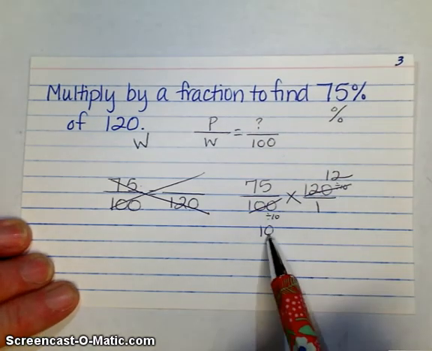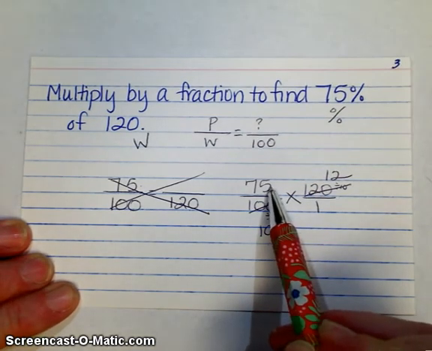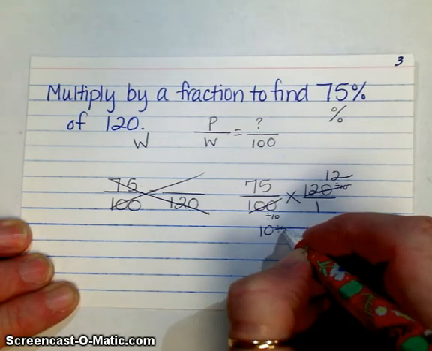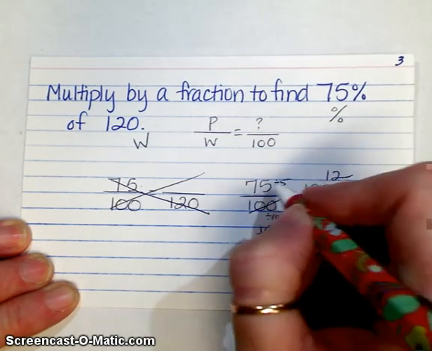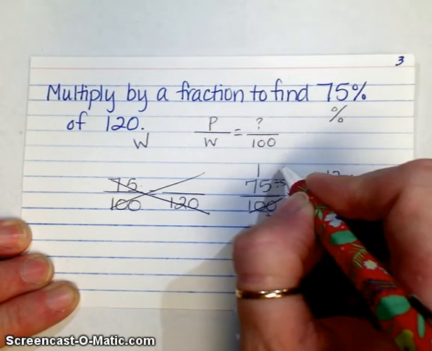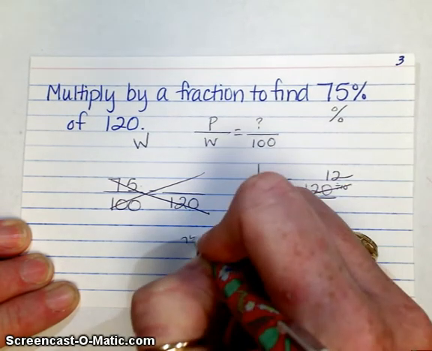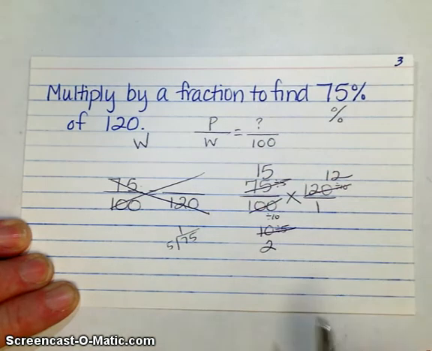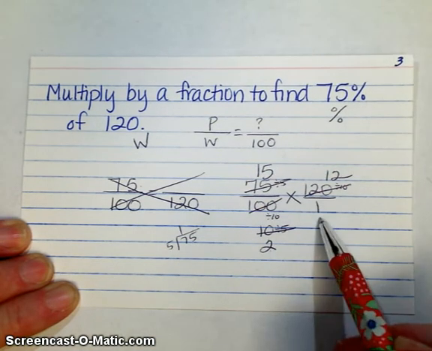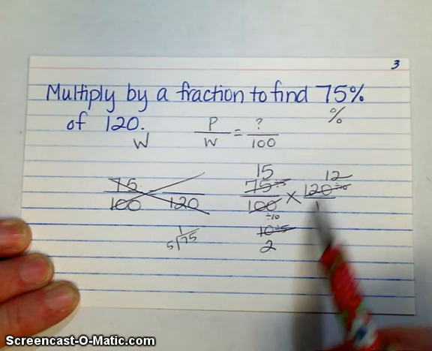Then I have a 10 and a 75. I can divide 5 out of both of those. That's going to become a 2, and that's going to become, let me make sure I'm not messing up, 15. So now I have a 15, a 2, a 12, and a 1. I still can simplify this and make it easier.